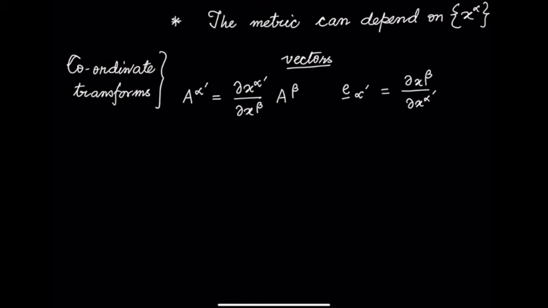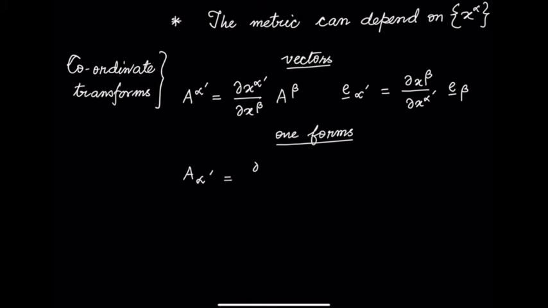The primed coordinate comes downstairs, and this is for one forms. When we know how things change for the basis vectors and the basis one forms, I can generate changes for any tensor, because the basis for any tensor I can just get by taking the outer product of the basis vectors and the basis one forms.